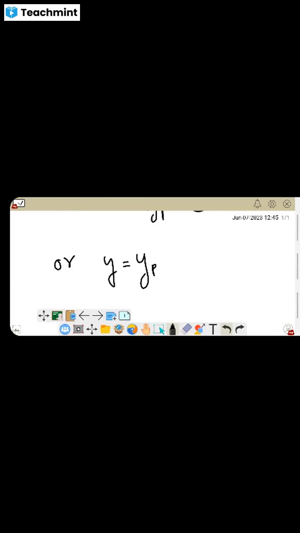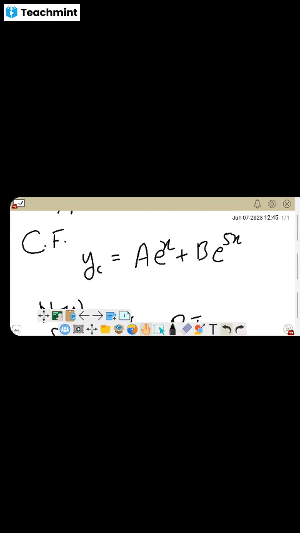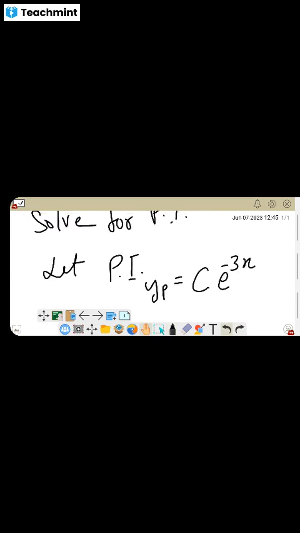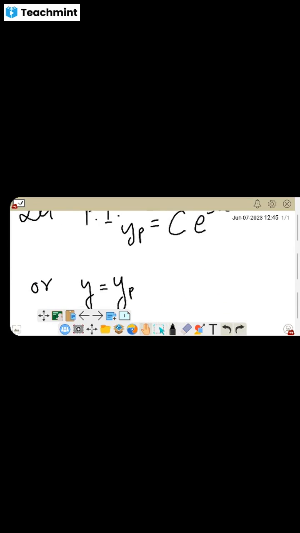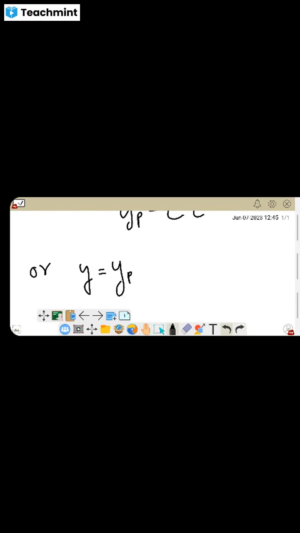That is why in PI we take yp, to indicate this is the solution regarding PI. In CF we take yc, which indicates y only, but we separately need to show CF and PI, that is why we use this here. So take y is equal to c into e to the power minus 3x.